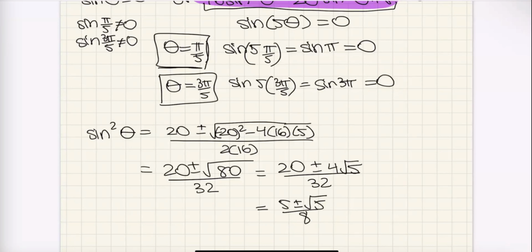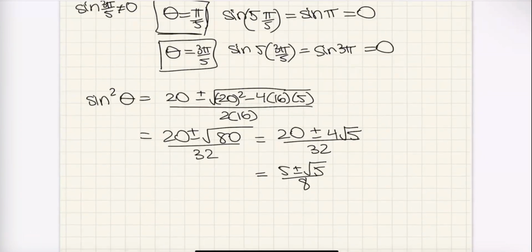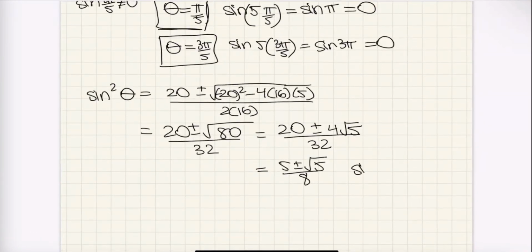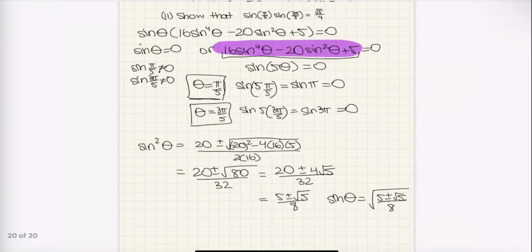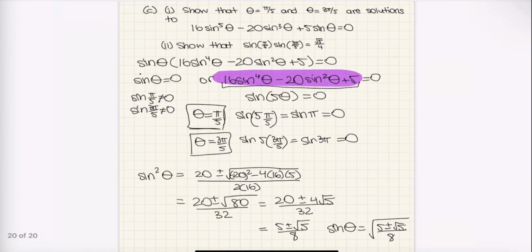Now, if we want to find sine theta, we have to take the square root of that. So sine theta is equal to the square root of this whole thing. Now, what was the question asking us for again? The question wanted us to show that sine pi over 5 times sine 3 pi over 5 is equal to root 5 over 4. So now we need to multiply those things together.